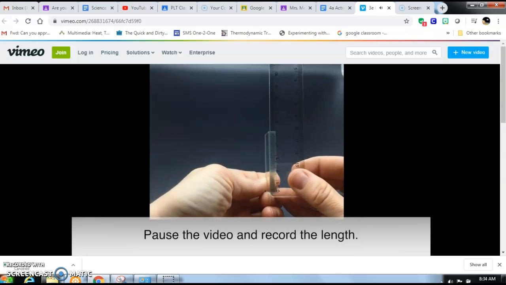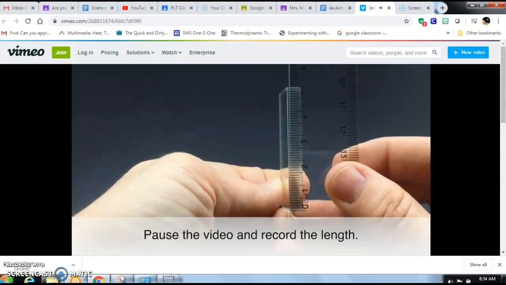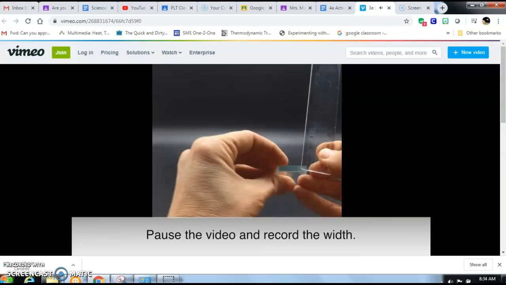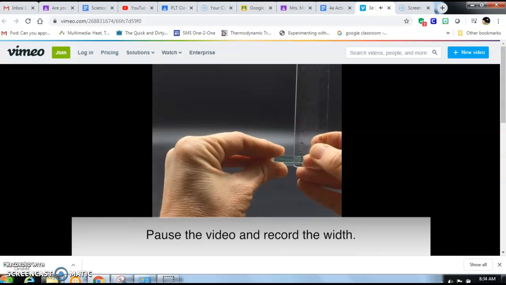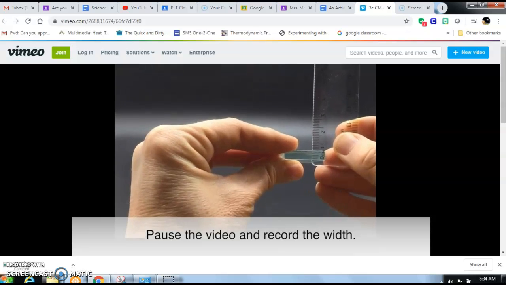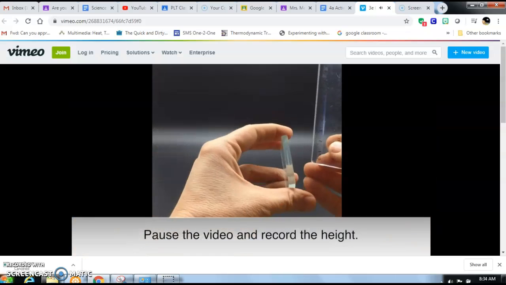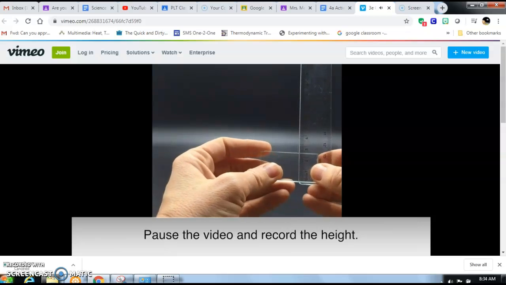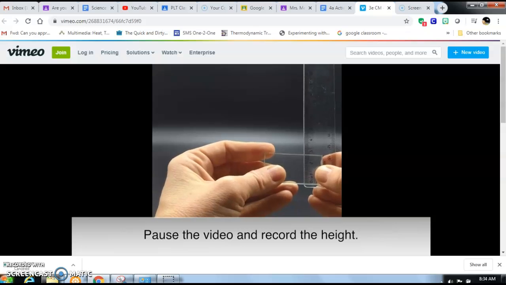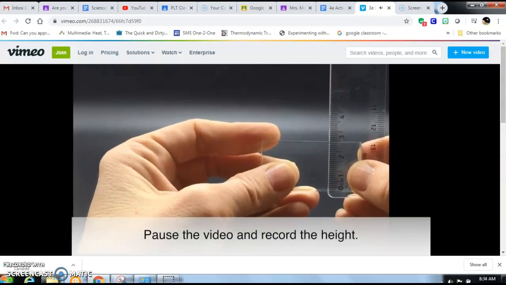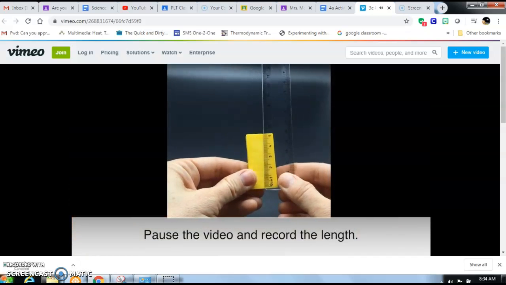Glass. Pause the video and record the length. Pause the video and record the width. Pause the video and record the height. Polystyrene plastic.